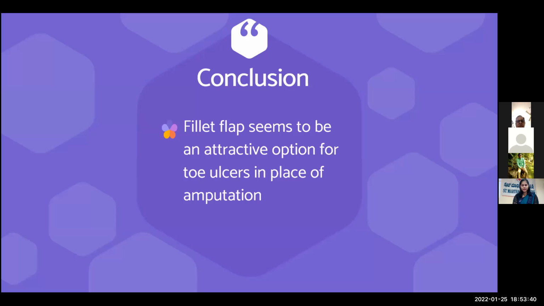Maybe we'll see if the patient has any other comorbidities like peripheral vascular disease. If the chance of flap survival is very less, then we may not. No, not about the flap survival. That is at a later stage. My first concern is how you decide. For this case I will do a fillet flap, this case I will not do. Or for all toe ulcers, you do a fillet flap.